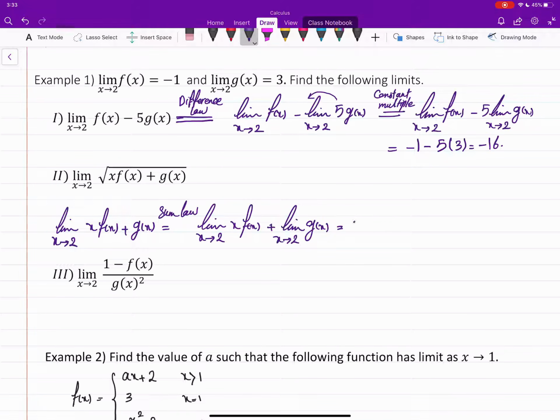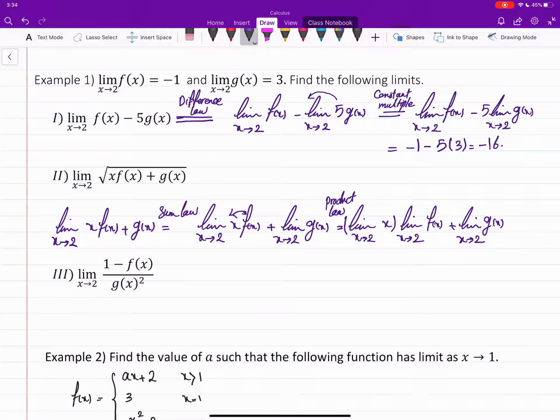Then, since this is two functions multiplied, we can find the limit of the product by the product law. That gives us the limit of x as x approaches 2, times the limit of f(x) as x approaches 2, plus the limit of g(x) as x approaches 2.